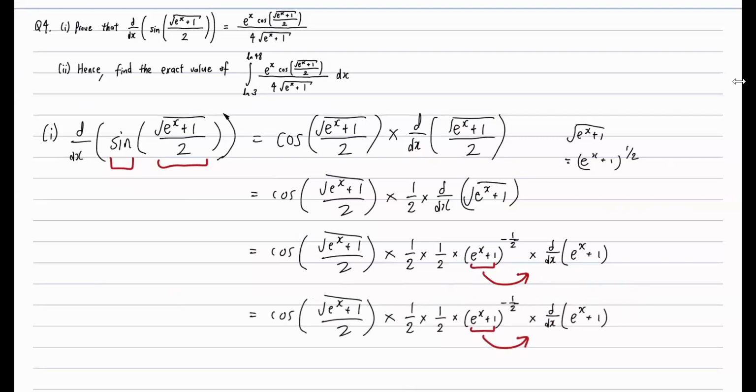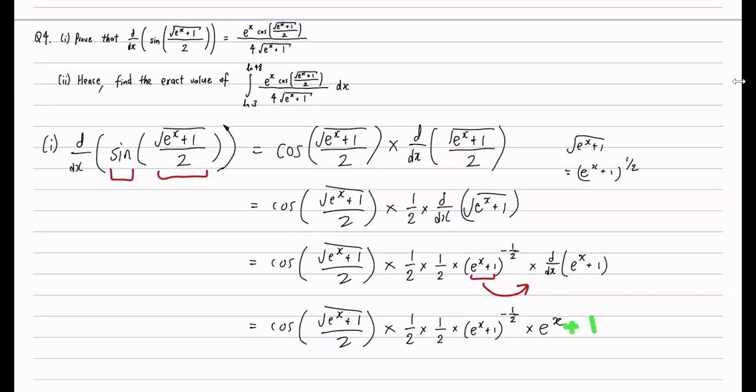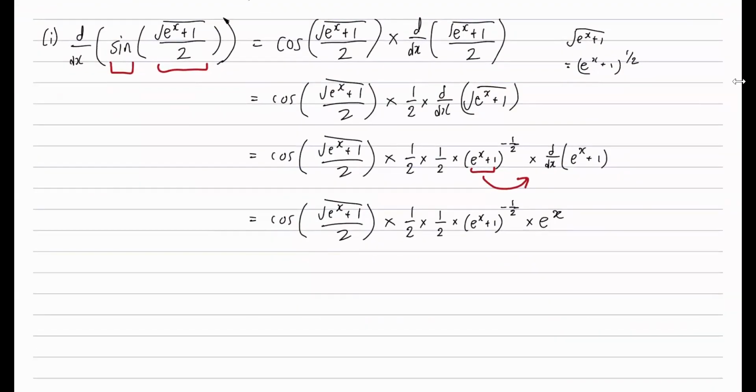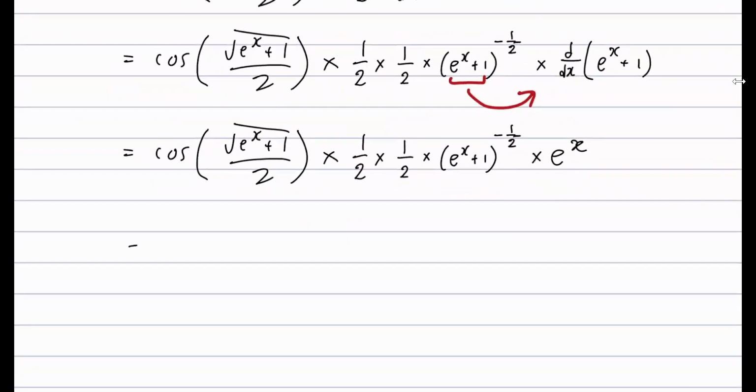Okay, so we can simplify everything now. This guy becomes times e power x. The 1 differentiate you get 0, so I don't bother writing. So it's just simplified to e power x without the brackets. Now we simplify. Cosine of all that, leave alone.